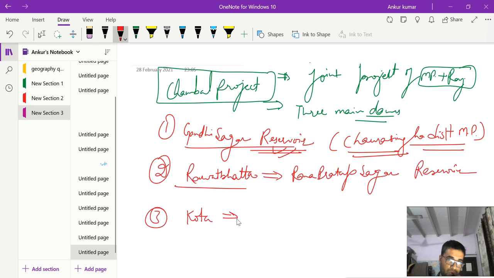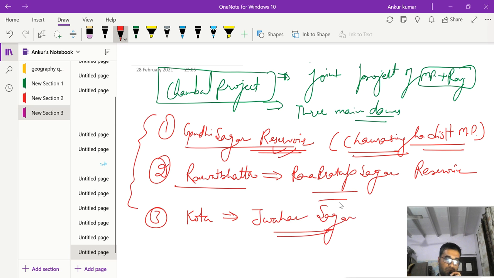And the reservoir associated with the Kota one is the Jawahar Sagar, right? So these three dams and associated reservoirs that you have to remember in Jumble project.